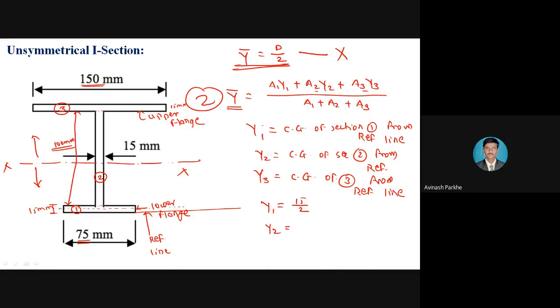Vertical distance 100. ओके, मग त्याचा सीजी कुठं कॉन्सन्ट्रेट होणार आहे? बरोबर त्याच्या सेंटरला. देन व्हॉट वी हॅव टू डू? Yes, what we have to do? What distance I have to take? 100/2 plus 15. 100 by 2 plus 7.5.